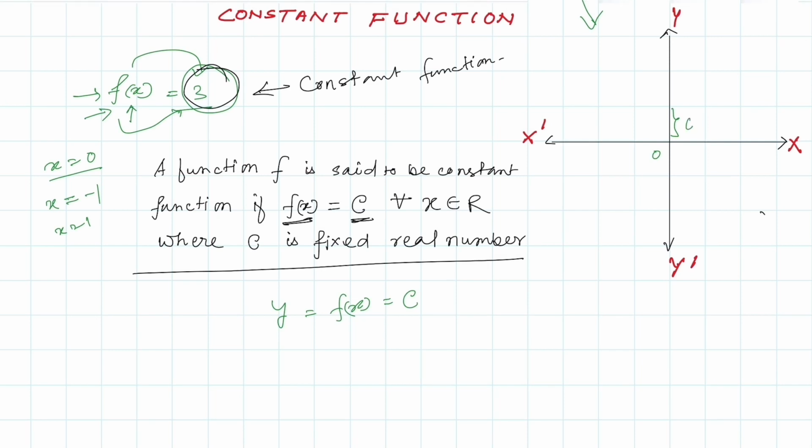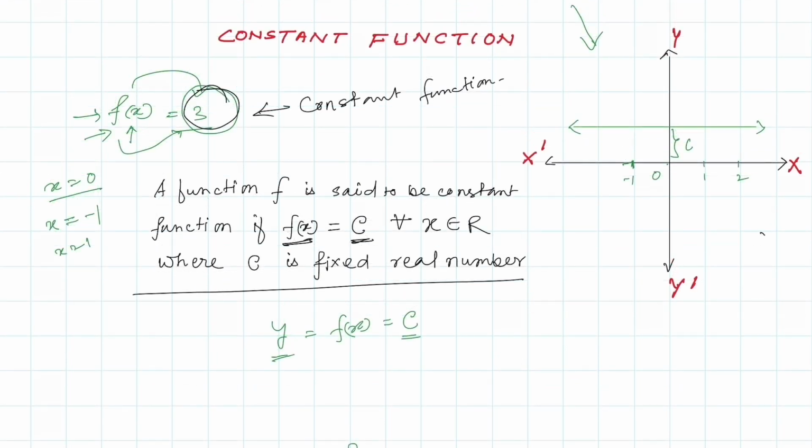It doesn't matter what the value of x is, whether 0, 1, 2, or minus 1, the value of y is always equal to c. That's why we will have a straight line parallel to the x-axis. This will be the graph of a constant function.